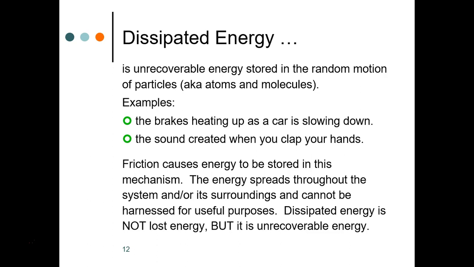Dissipated energy, while it's also stored in the random motion of particles, is not energy that's able to be recovered to do anything useful. So examples are the brakes heating up as a car is slowing down. That energy that causes the temperature of the brakes to increase, it's storing energy, but it's not any energy that is useful or can be recovered to do something else. So we call it dissipated energy.